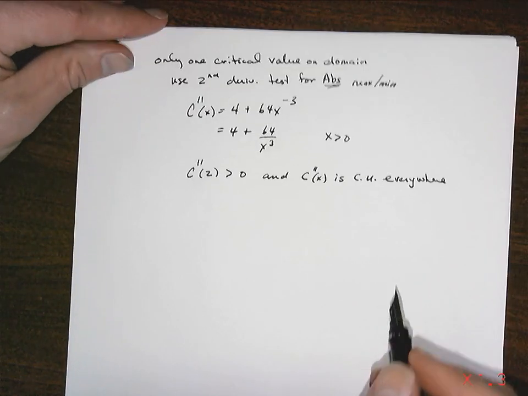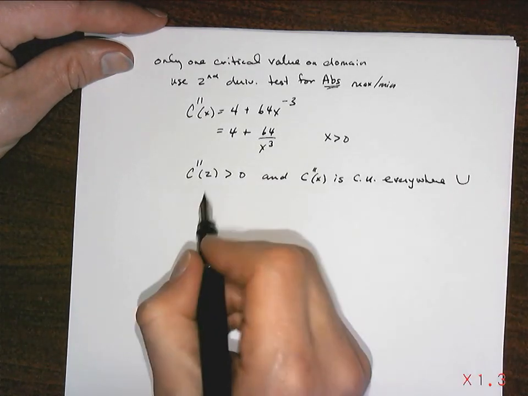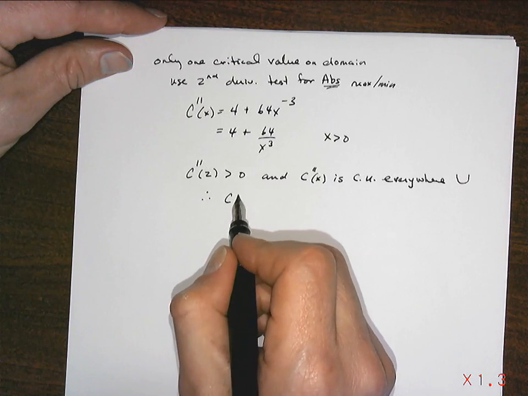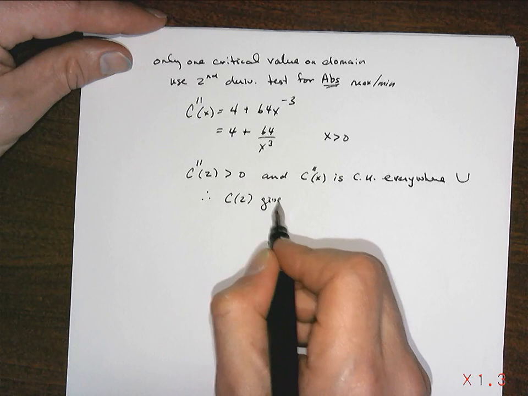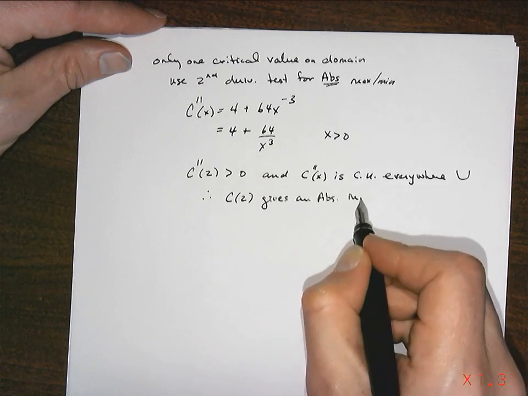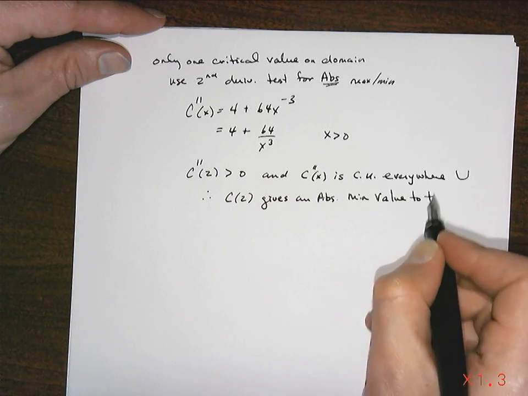So if it's going to be concave up everywhere, it looks kind of like this, which means that we have, therefore, C of 2 gives an absolute minimum value to the cost.